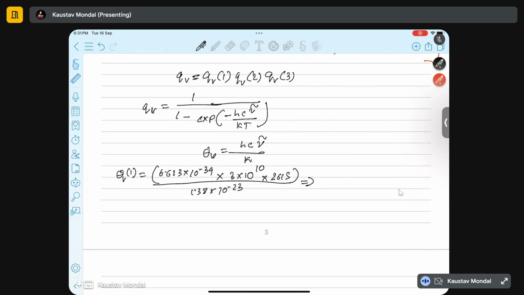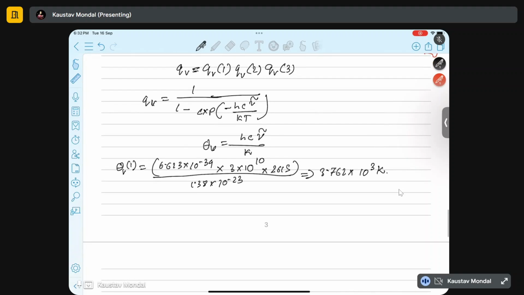Multiplying the numerator 6.623 into 10 to the power minus 34 into 3 into 10 to the power 10 into 2615, you get 3.762 into 10 to the power 3 Kelvin. This is the first characteristic vibrational temperature.